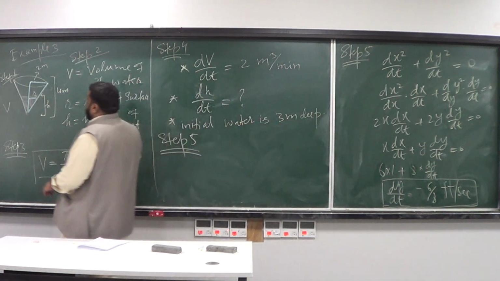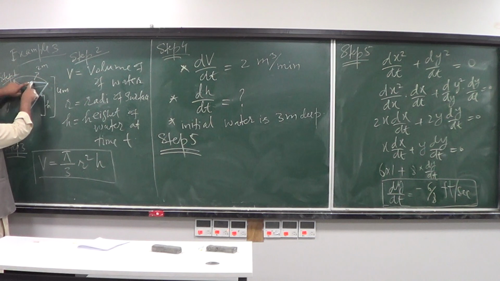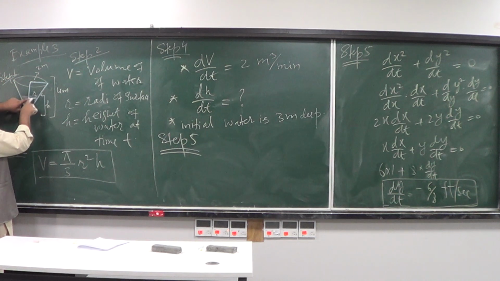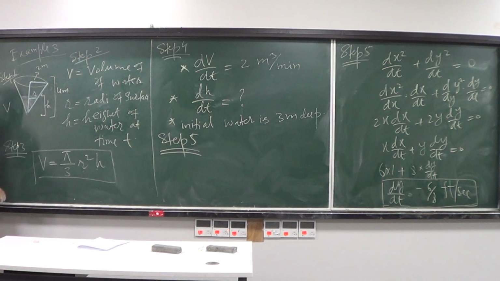Now my question is that this bigger triangle and this smaller triangle are similar to each other. So in other words, this bigger triangle is a zoomed version of this smaller triangle.